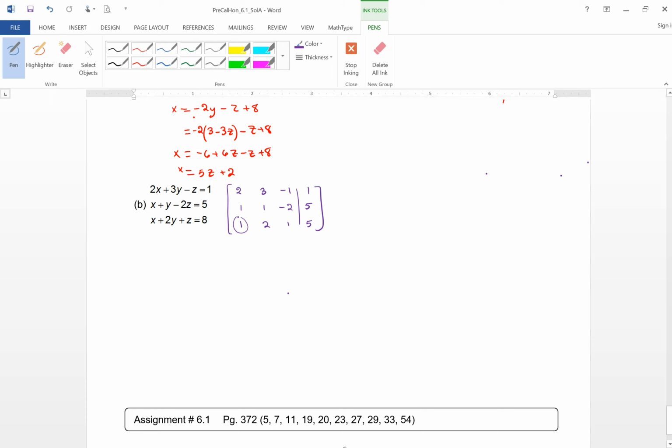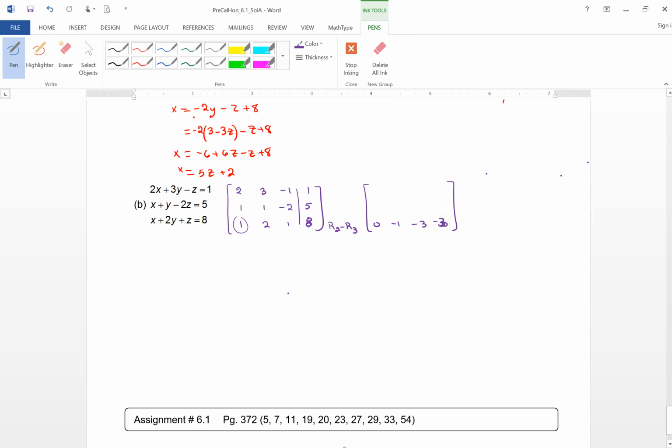So I subtract row 2 minus row 3. And I get 0, negative 1, negative 3, 0. Then 1, 2, 1, 8, negative 3.